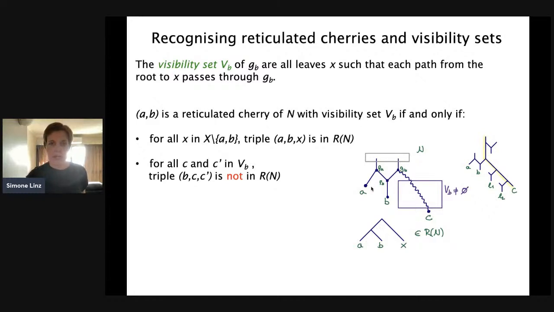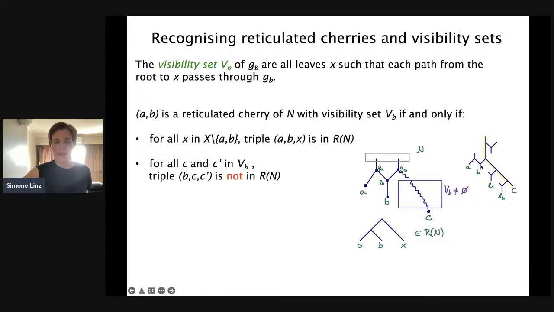And the reason why we need to be able to also recognize the visibility set is because at some point in our proof in the induction, once we have deleted B, we also need to have a way to reattach B back into the smaller network. And we need to find a way to pinpoint exactly which edge we need to attach B back into. So if we look at this example here, imagine B is deleted.